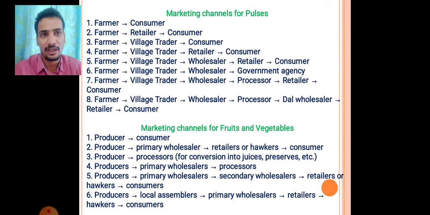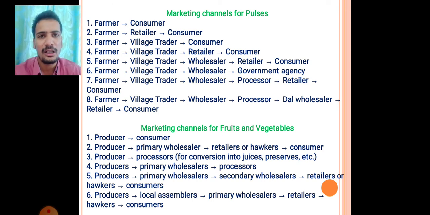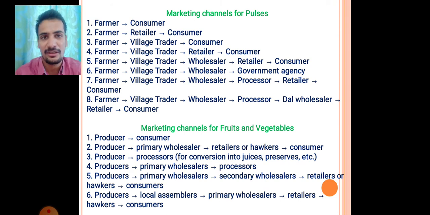Similarly, pulses also need processing, for dal making. Farmer to consumer is common for all agricultural products, meaning the consumer can get the products directly from the farmer, where the market margin is 0 and the marketing cost is 0.